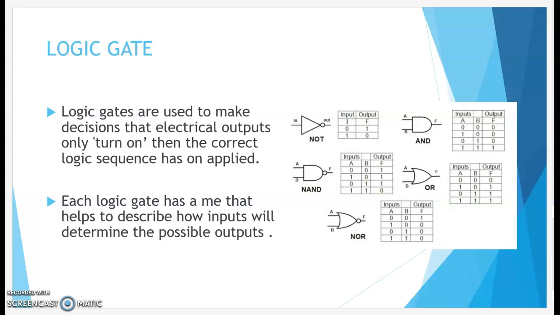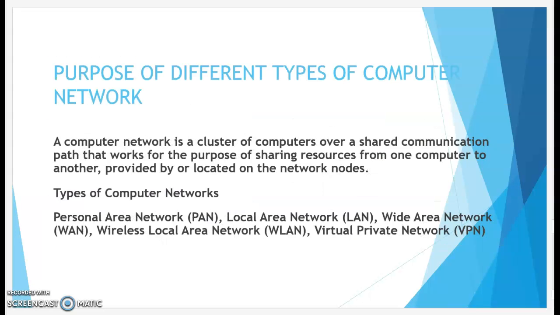Logic gates. Logic gates are used to make decisions, so that the electrical output only turns on when the correct logic sequence has been applied. Each logic gate has a name that helps to describe how input will determine the possible outputs.